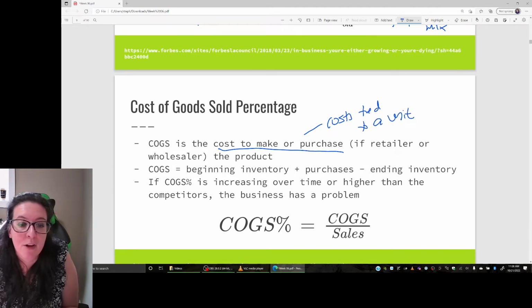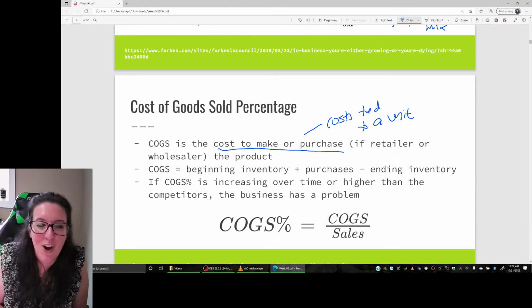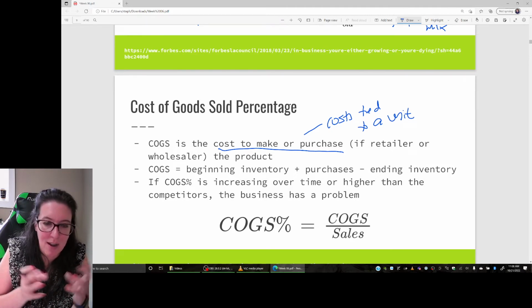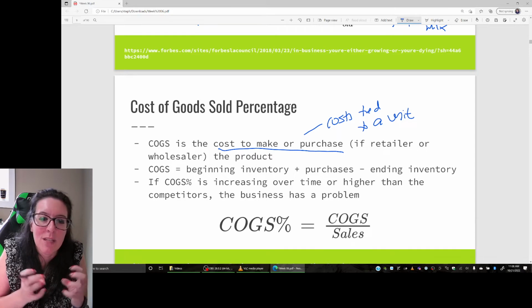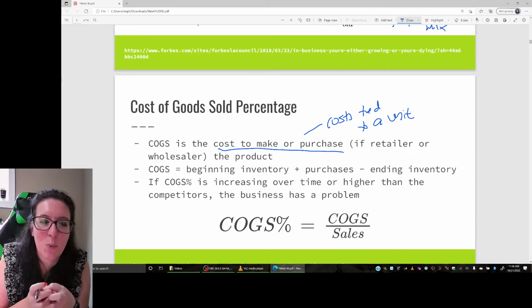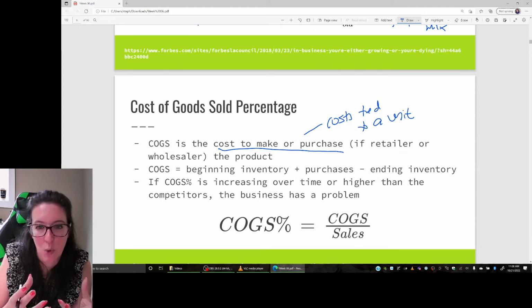So if we think, for example, about the gingerbread house we've been talking about, what are the costs tied to making a house? We had our crackers or cookies, we had our candy. We could even tie labor to that production because we paid people per minute and we knew how many minutes each gingerbread house took. So that's going to be included in the cost of goods sold.